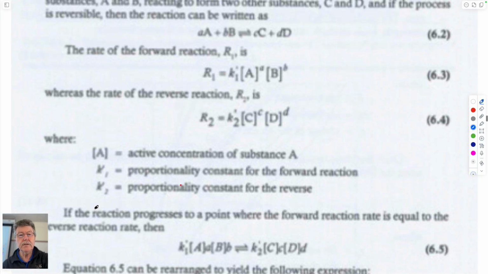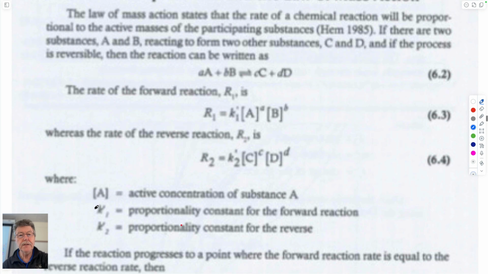If you look at equilibrium chemistry in terms of liquids, you can define any reaction in terms of these different components.